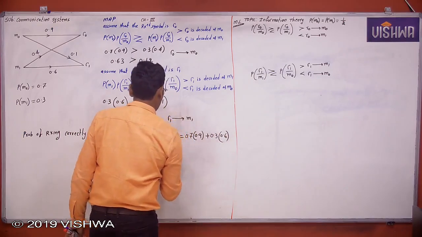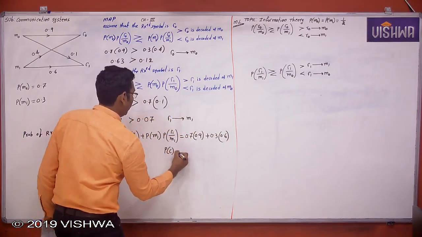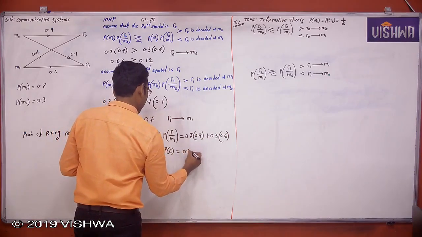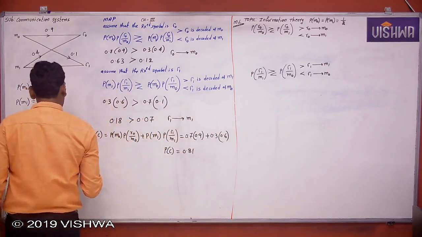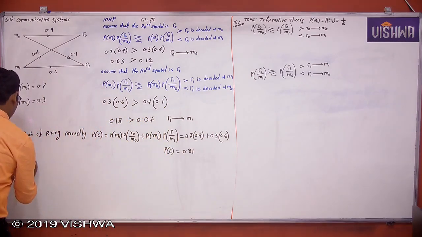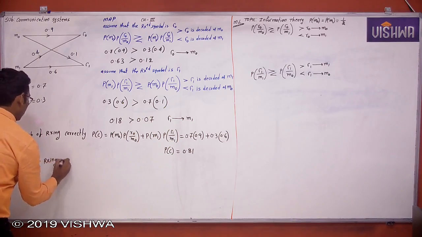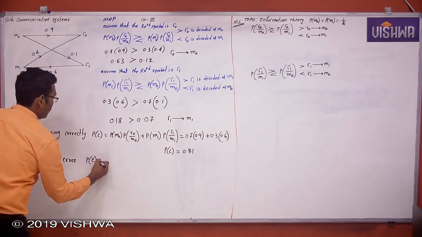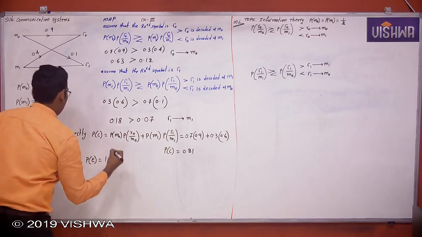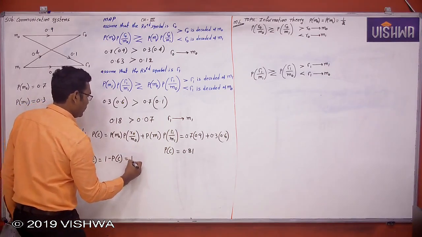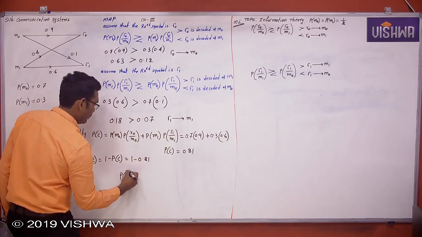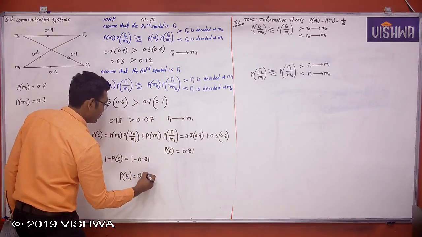Which is nothing but probability of receiving correctly, 0.81. Now probability of receiving error is 1 minus probability of receiving correctly, which is 1 minus 0.81, which is equal to the probability of error, 0.09.